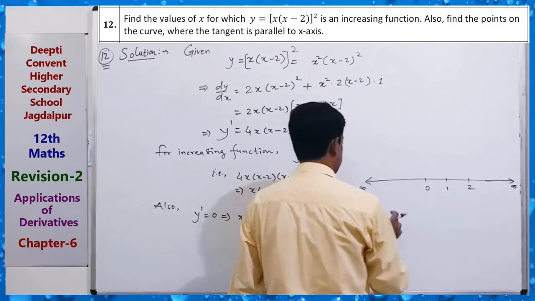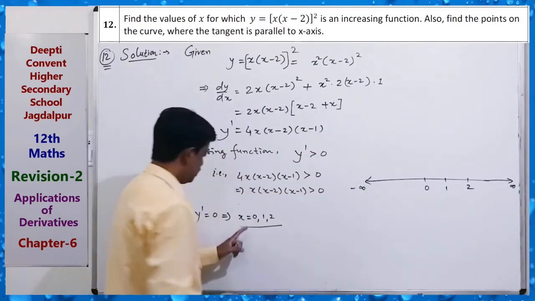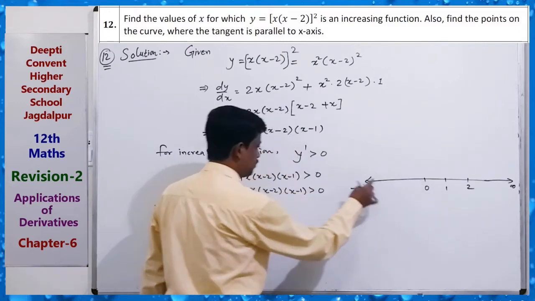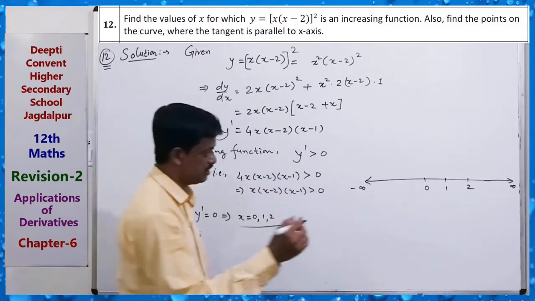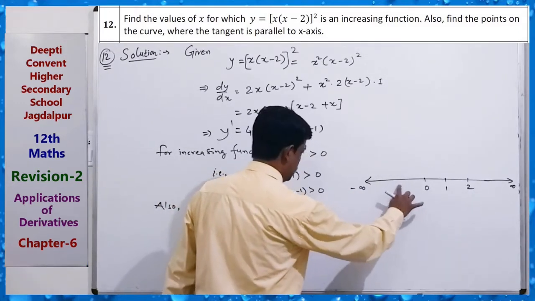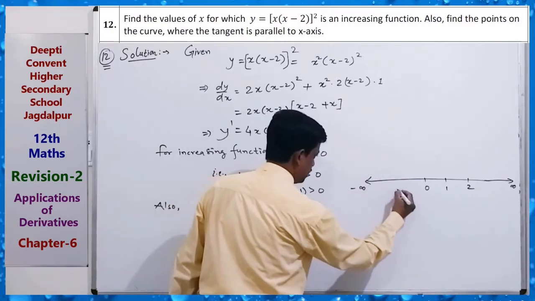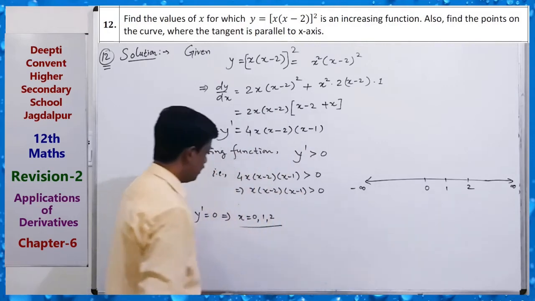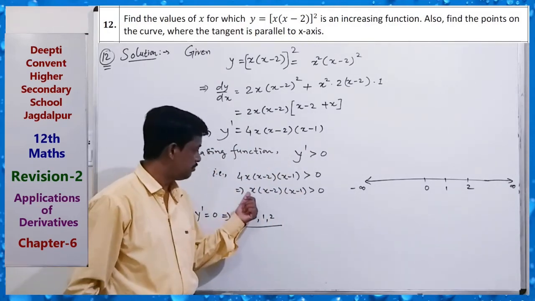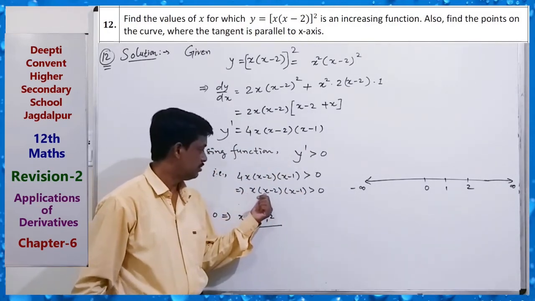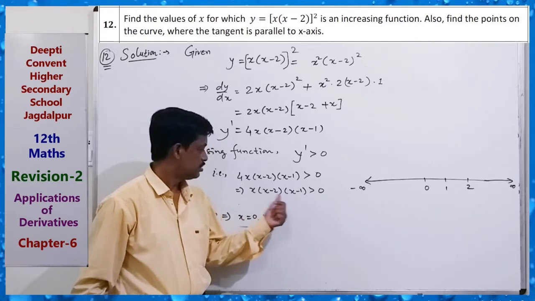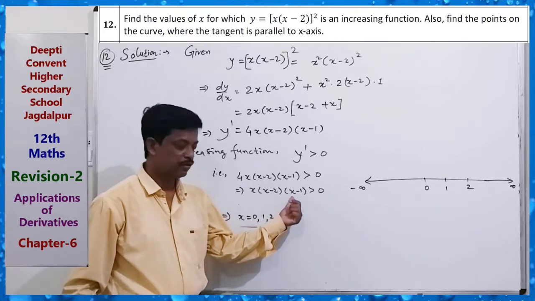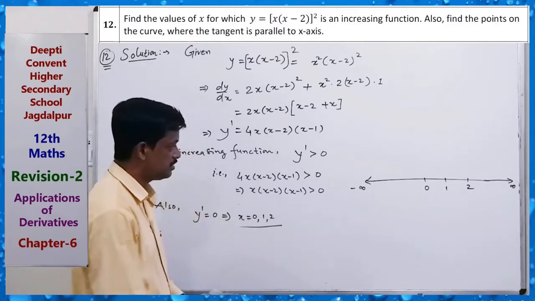Now in this part, x is less than 0. So if x is less than 0, this factor is negative, this is also negative, this is also negative. What will be the sign in this case?